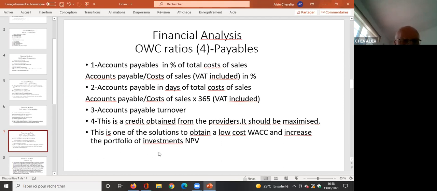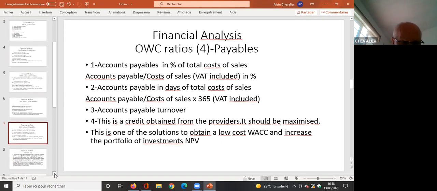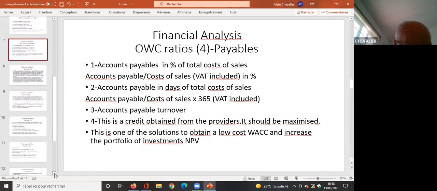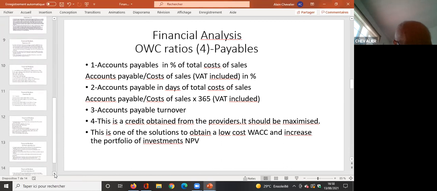Okay, so I went through the inventory, receivables, and payables here, which are the last main elements of ratio analysis, category by category. I will show you during this course.